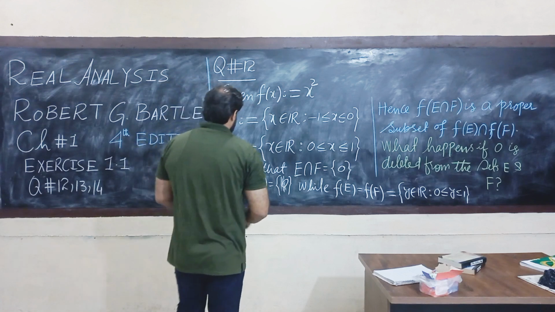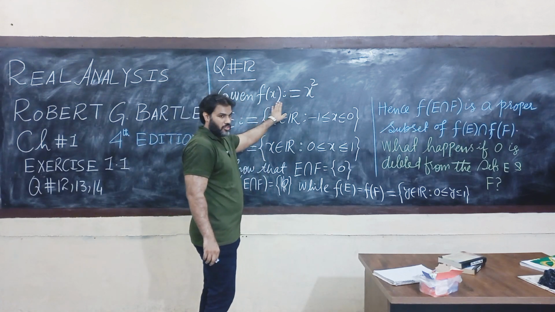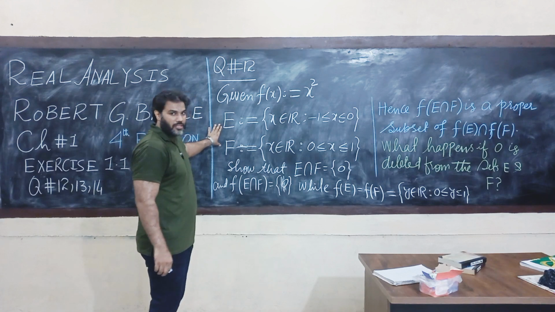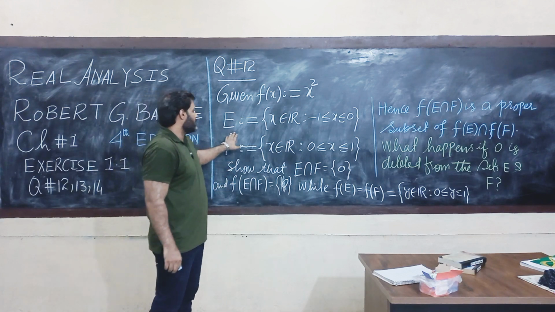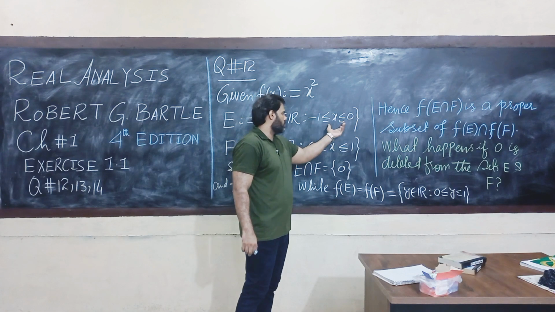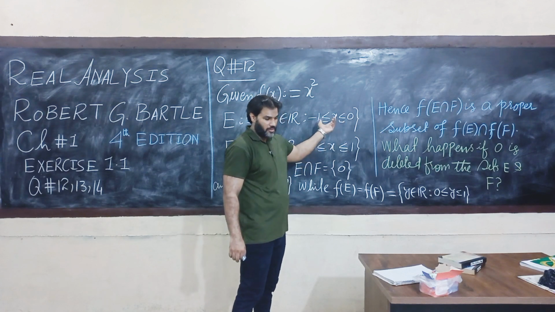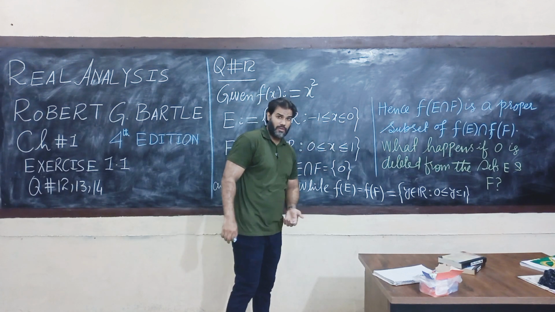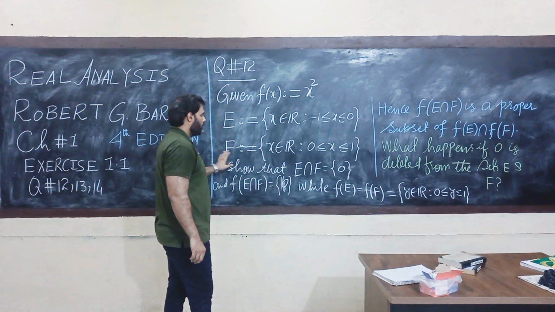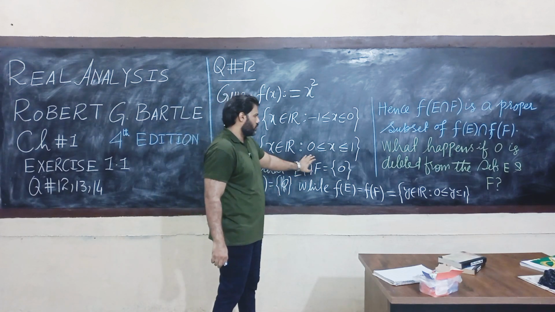So question number 12 is, we have a given function f of x is equal to x square, and there are the two sets E and F. Set E is a set of all real numbers that lies between -1 and 0. Both are included. That is, set E is a closed interval from -1 to 0. Similarly, the set F is the closed interval from 0 to 1.